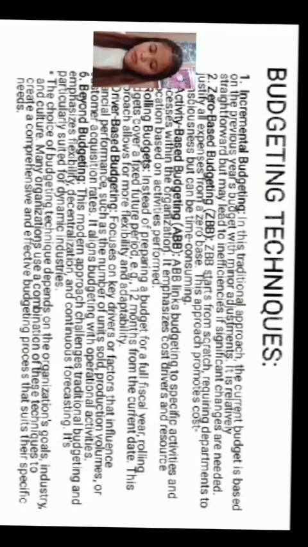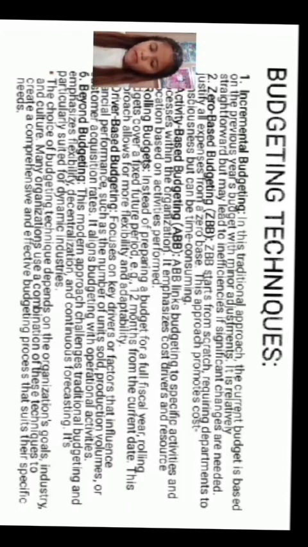This modern approach challenges traditional budgeting and emphasizes flexibility, decentralization, and continuous forecasting. It's particularly suited for dynamic industries.